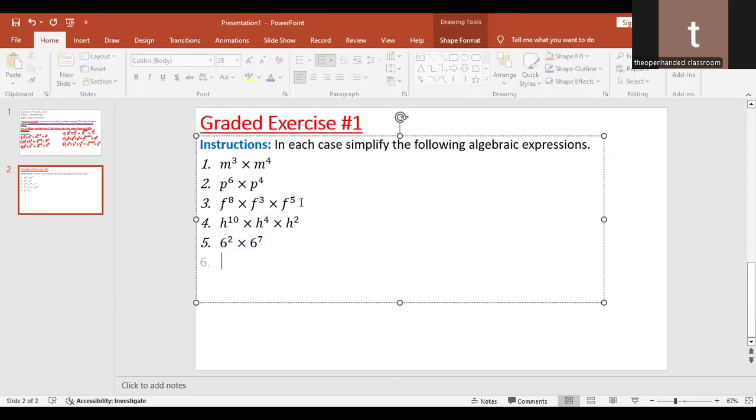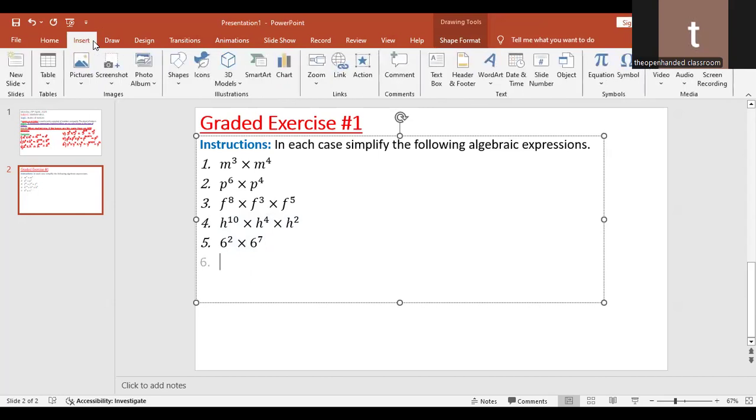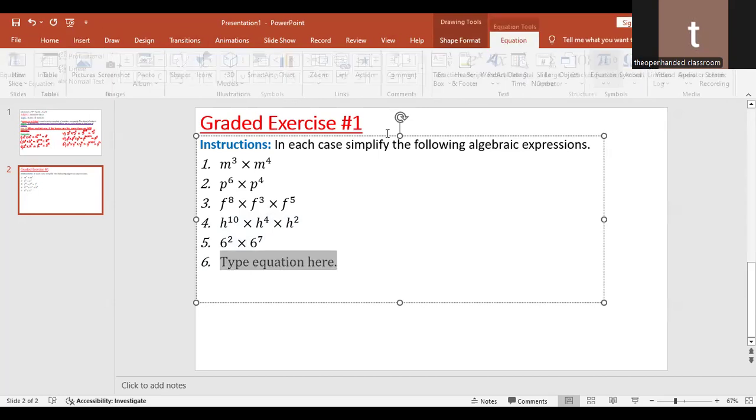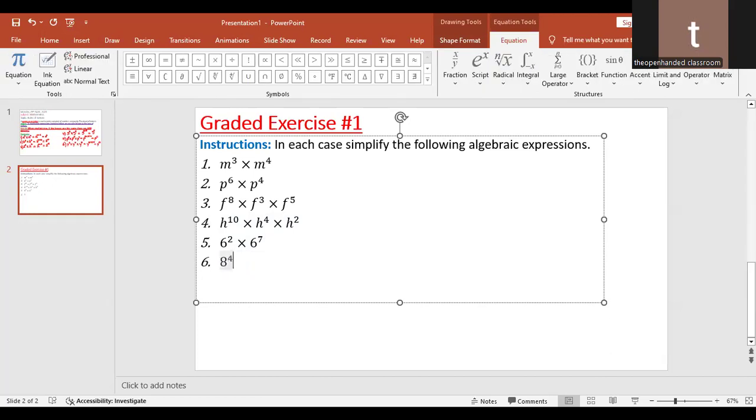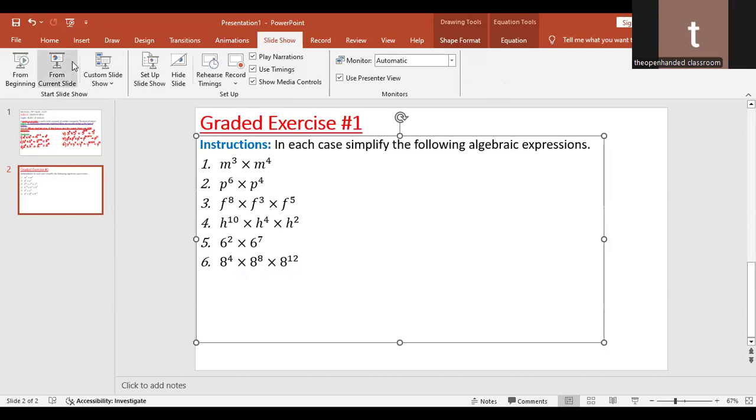And then let's say we have 8 to the power of 4 multiplied by 8 to the power of 8 multiplied by 8 to the power of 12. Okay, so I'm just gonna give you 6 of them to do.